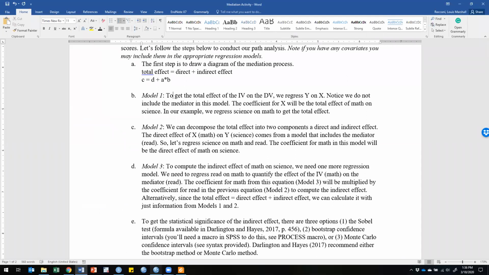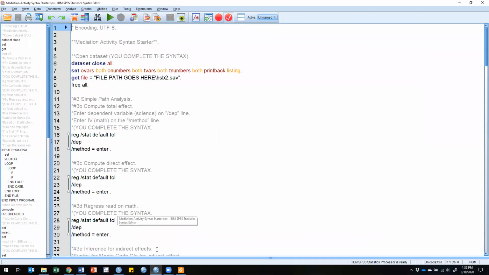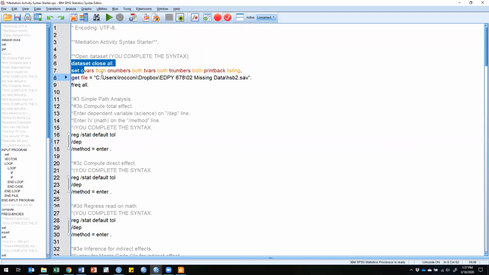So let's go to our syntax file. We need to open our data set. I'm going to copy in my file path. Copy in where you have your HSV2 file saved.